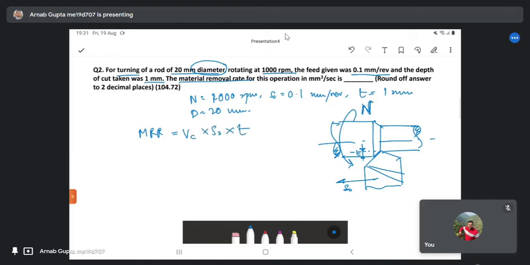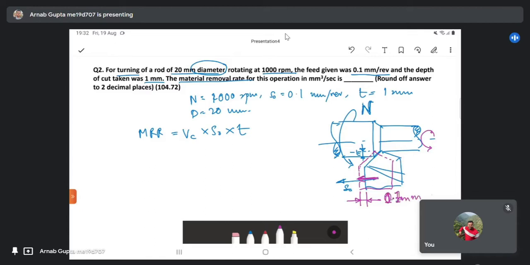So the feed S naught is how much the tool is moving in the lateral direction in one revolution. As the workpiece is revolving by one revolution, that is by 360 degrees, how much the tool has moved along the feed direction. Suppose after one revolution, this is the position of the tool. Then this particular distance is nothing but 1 mm, sorry, 0.1 mm in this particular case.